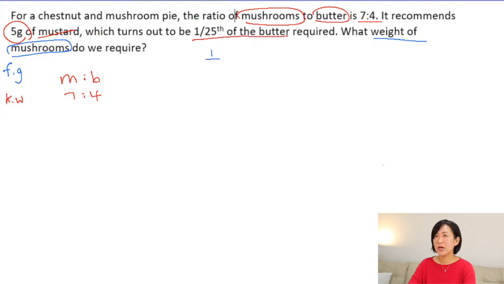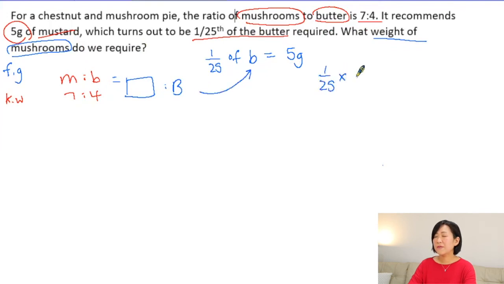So let's write it down. 1/25 of butter is, as you can see, 5 grams. Then from this, we can figure out the amount of butter, right? So we know that the ratio of mushroom to butter is 7 to 4. Then our final goal is finding the amount of mushroom. That's the missing number, right? We can find the amount of butter using the clue here.